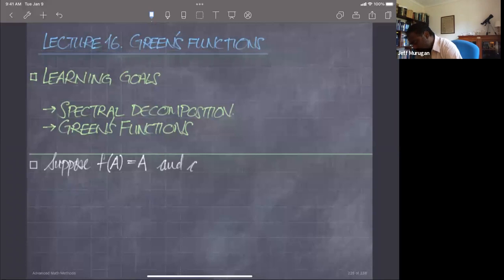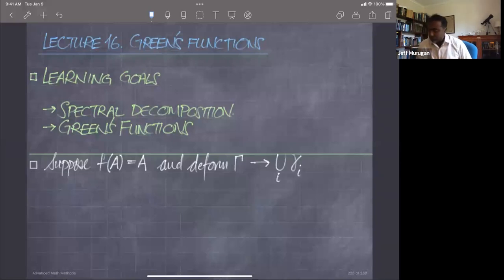So we want to deform the integrating contour gamma into the union of contours gamma i. Then the following is true.